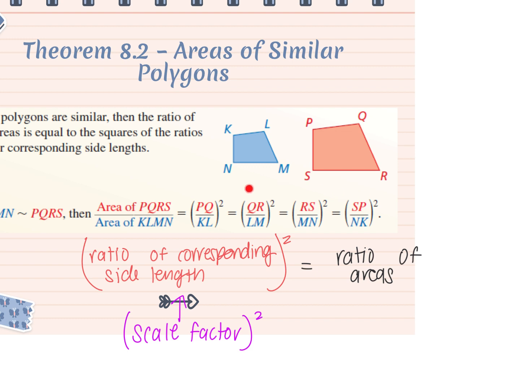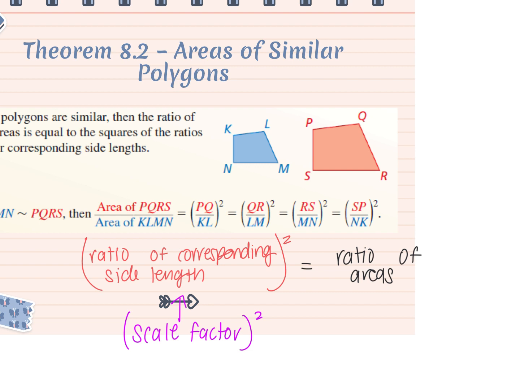Looking at these examples, the ratio of your side lengths squared equals the ratio of the areas. Keep in mind it's the area of your red triangle over the area of the blue triangle. You're not just going to square your corresponding length and be done, that's not how it works. You still have to have ratios equal to each other.